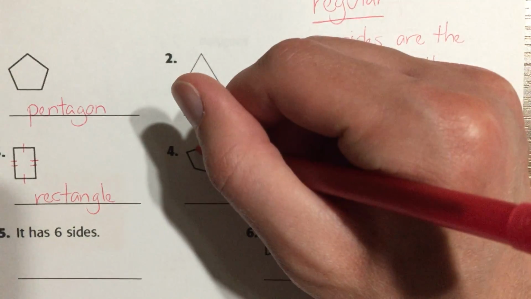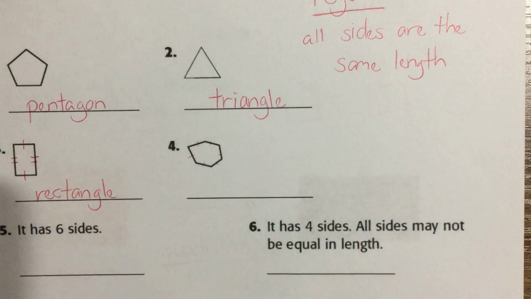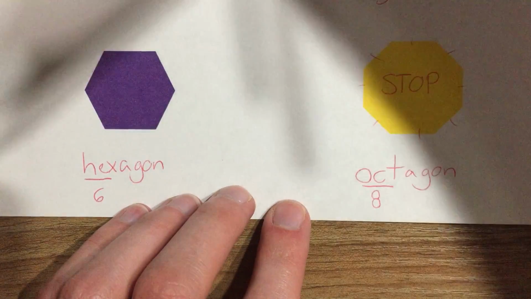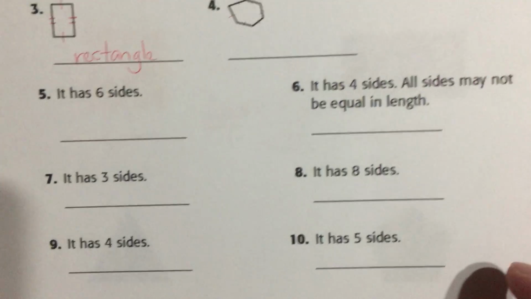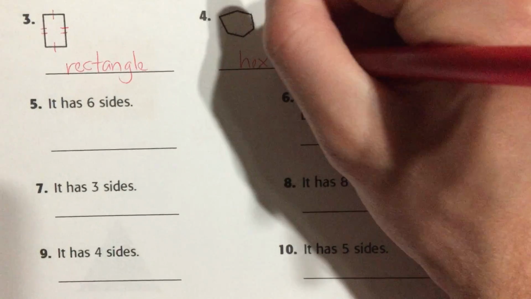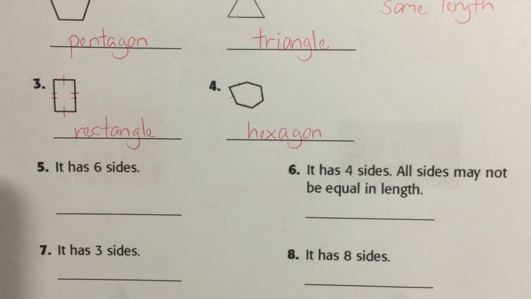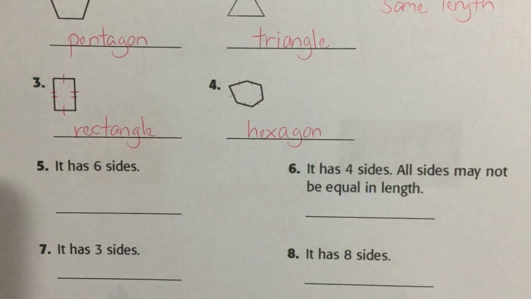Well, let's count. 1, 2, 3, 4, 5, 6 of them. Well, 6, if we look back to our other page here, 6 tells us it's a hexagon. Even if it doesn't look identical to that, if it's got 6 sides, it is a hexagon. And there we are. Kind of a weird, funky looking hexagon, but it's a hexagon.